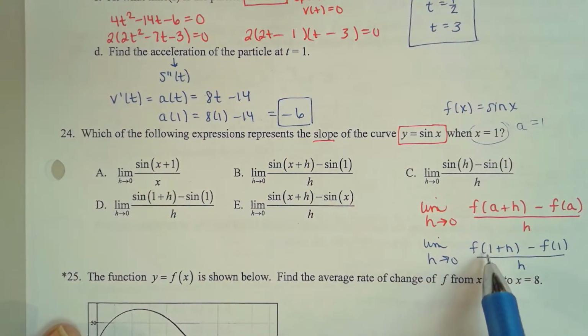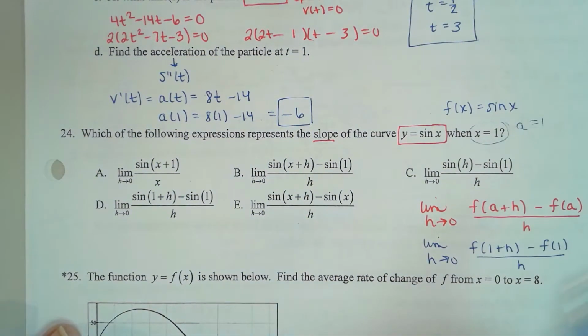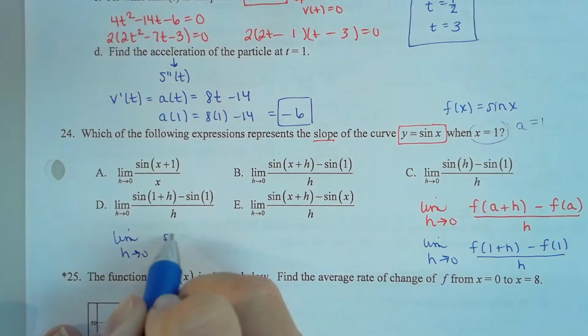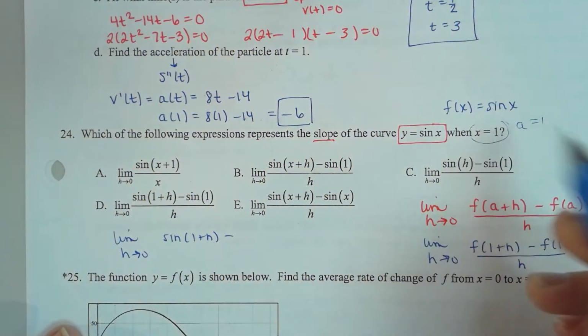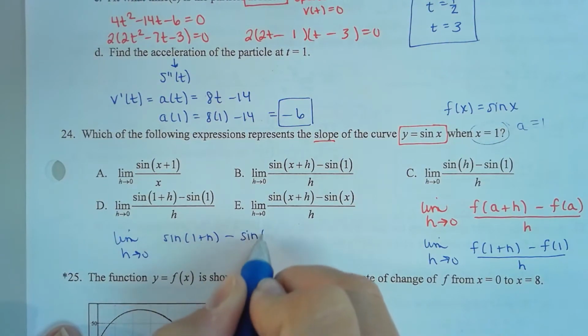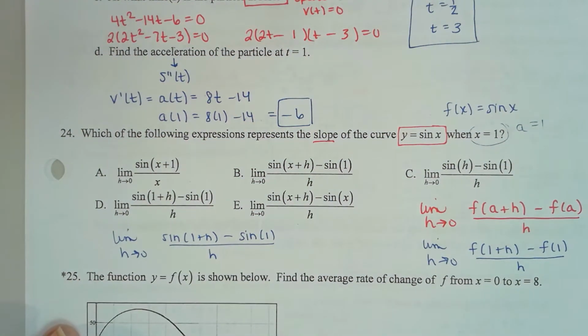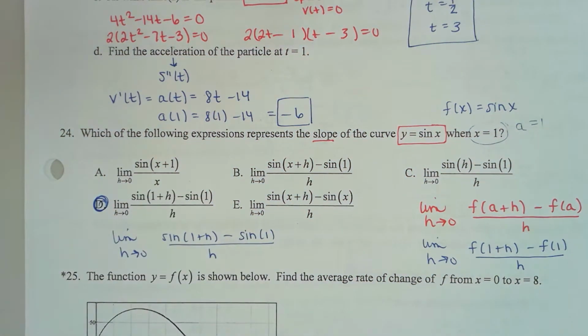So if they want f of 1 plus h, it's the sine of 1 plus h. I'm moving all over the place, sorry. So I have the sine of 1 plus h minus f of 1, so minus the sine of 1 all over h. And the only one that says that would be letter D.